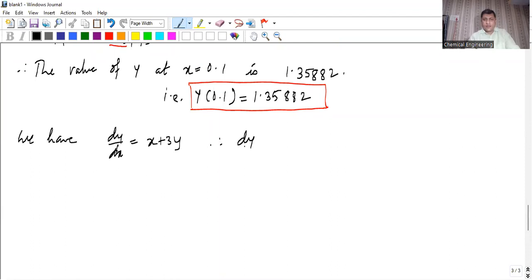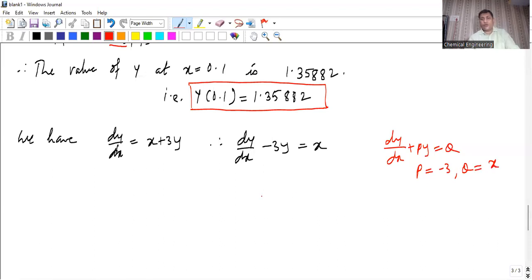I can write this as dy by dx minus 3y = x. This is the differential equation dy by dx + py = q, where p is minus 3 and q is x.